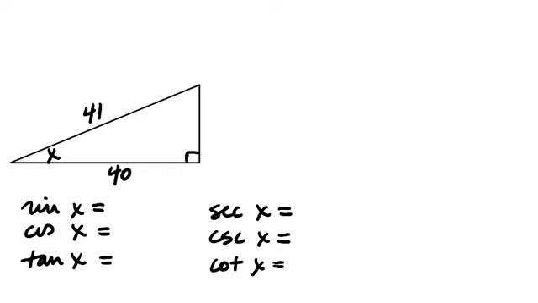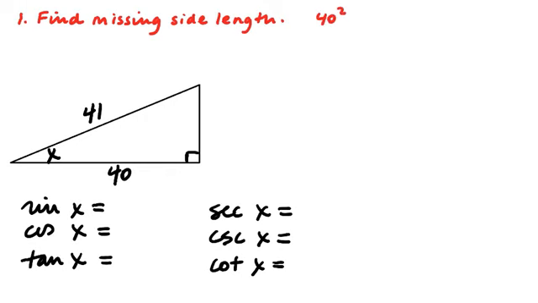If we say we want sine, sine is opposite over hypotenuse, but we don't have the opposite side. So the first step for us is going to be calculate the missing side. Now for us, we're going to need to use the Pythagorean theorem that 40 squared plus b squared is equal to 41 squared.